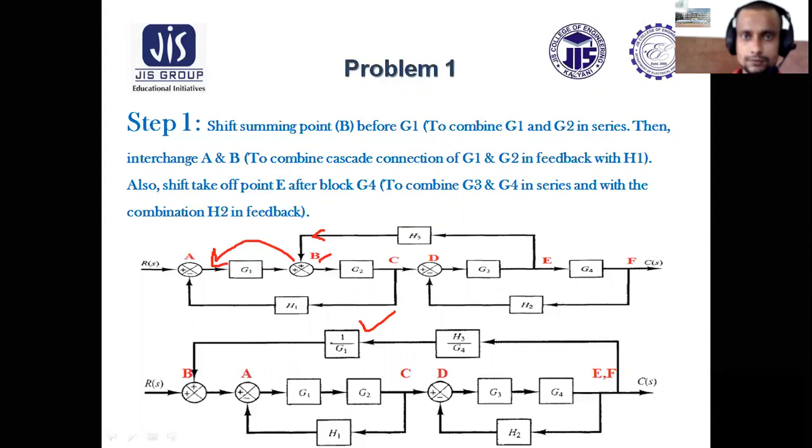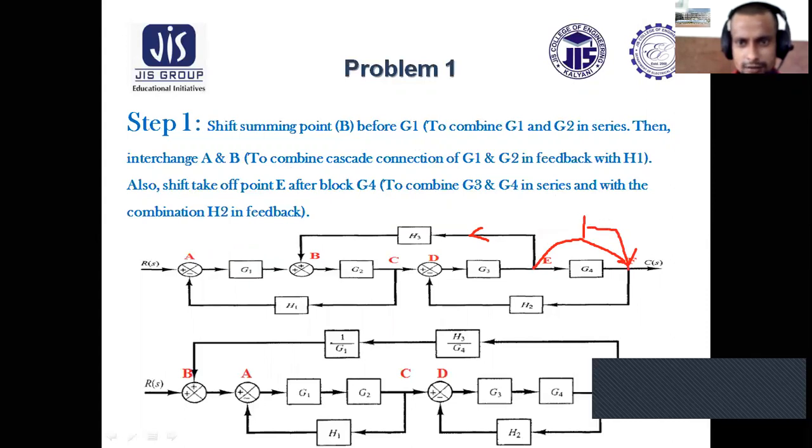Now, what else we have done here? Similarly, this takeoff point needs to be shifted before a block or after a block. If a takeoff point is shifted after a block G4, then the corresponding signal will be multiplied. From the takeoff point this signal is coming. As it is shifted here, now it will be like this.